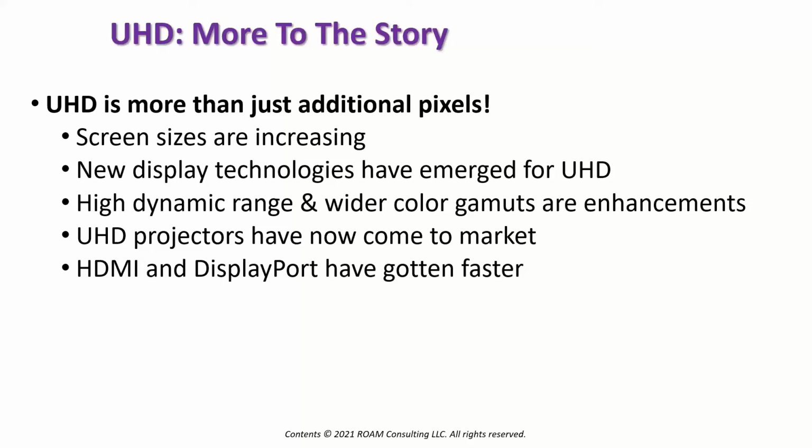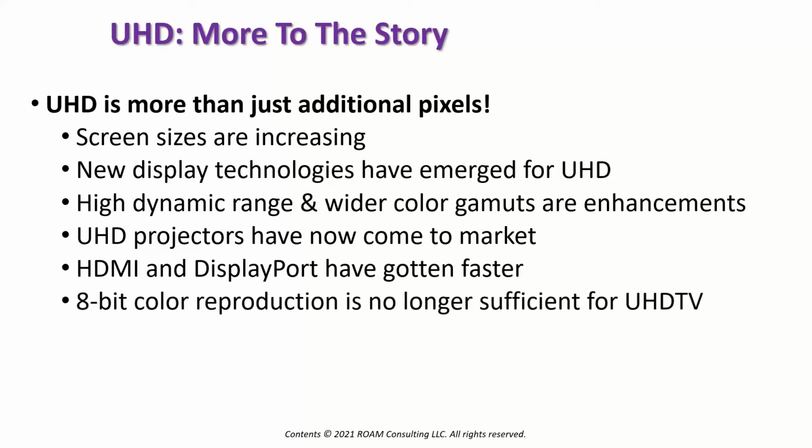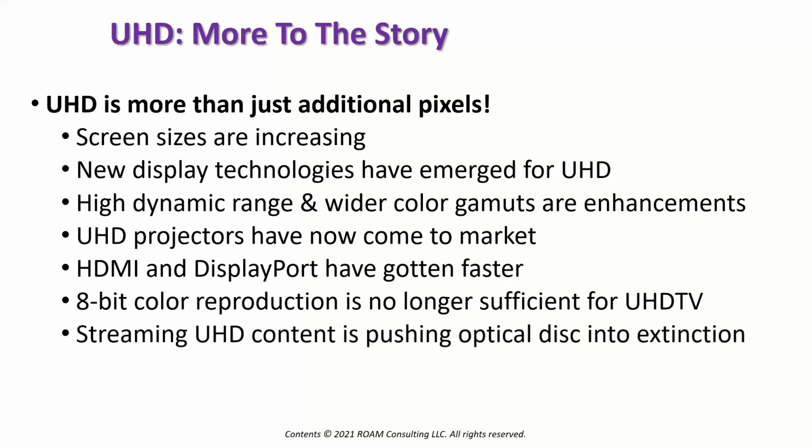HDMI and DisplayPort connections have gotten a lot faster. 8-bit color reproduction is no longer sufficient for Ultra HD because of high dynamic range and wide color gamuts. We need the additional bits to be able to show those pictures accurately. And an interesting trend, streaming content, Ultra HD content, is basically pushing optical disc into extinction.